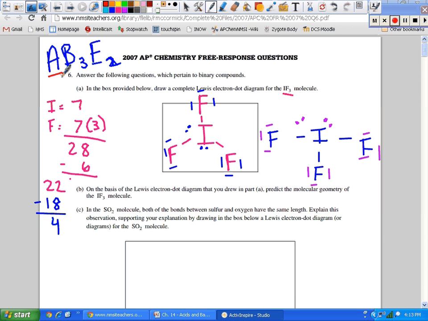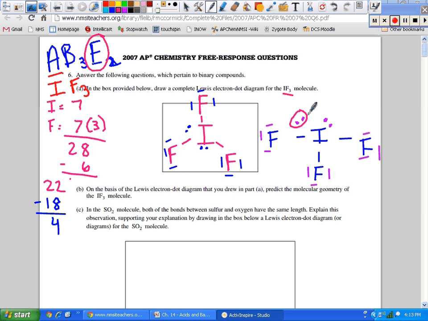Now, B is the thing bonded to the central atom. What is B? F. And how many of them are there? There's 3. E is the funny part. E is extra pairs of electrons. How many extra pairs of electrons do you have? 2. So that's what this model is.